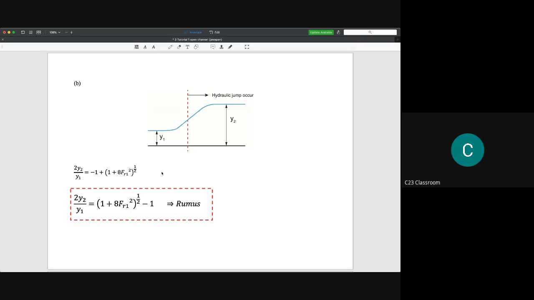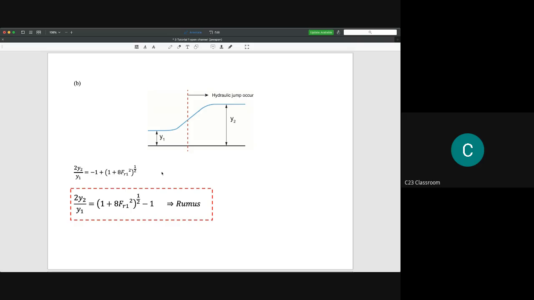The energy equation cannot be used when you're discussing something before and after a hydraulic jump, but the continuity equation can be used because we are discussing incompressible flow. So the water density is constant, it's not changed. So that means the volume of water remains constant.